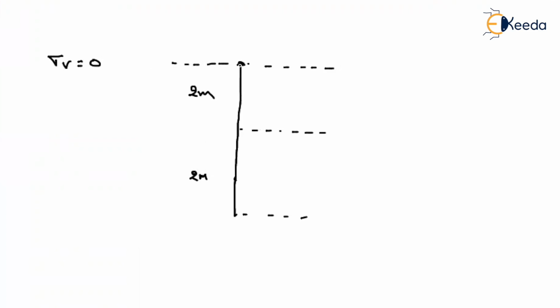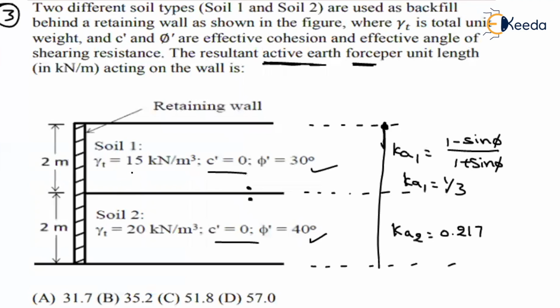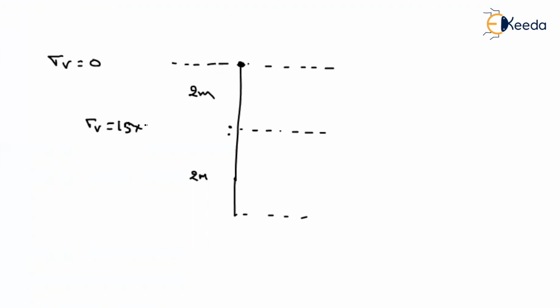Then the active earth pressure will also be equal to 0. Just above or just below the interface, the vertical stress will be 15 into 2. That will be equal to 30 kilonewton per meter square.